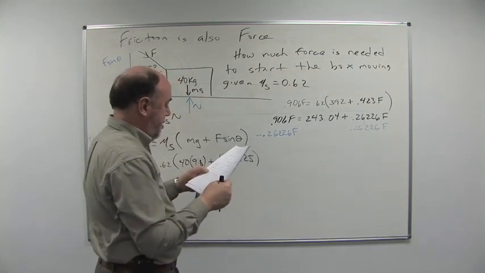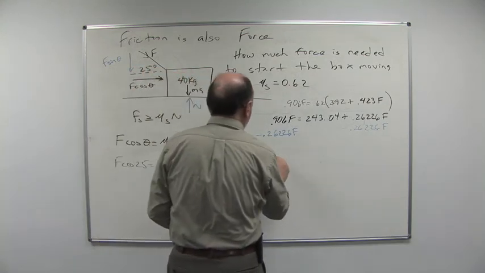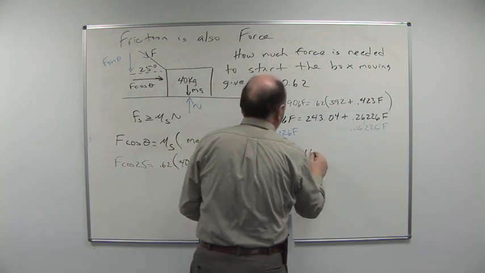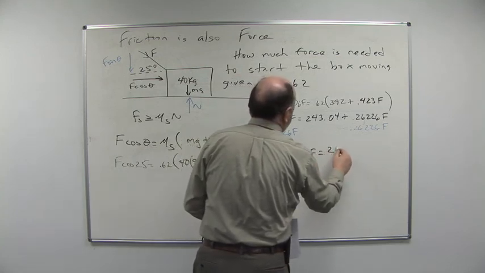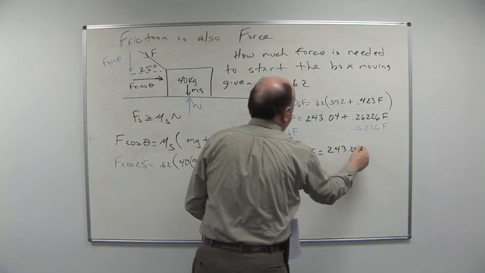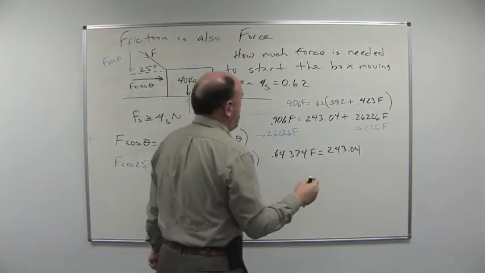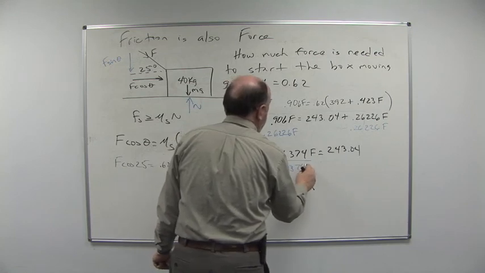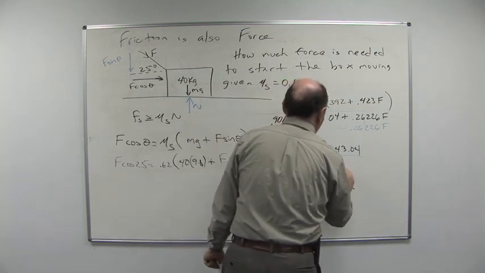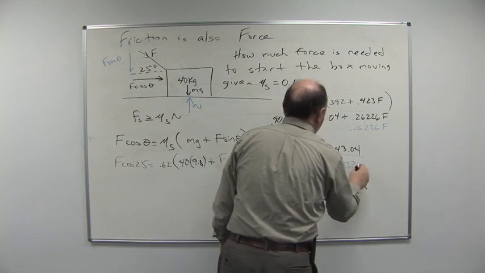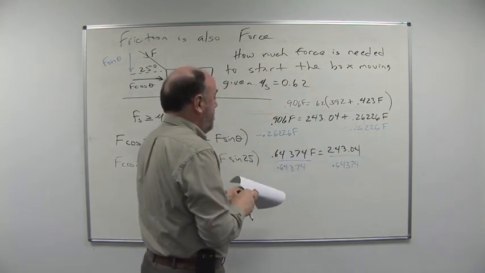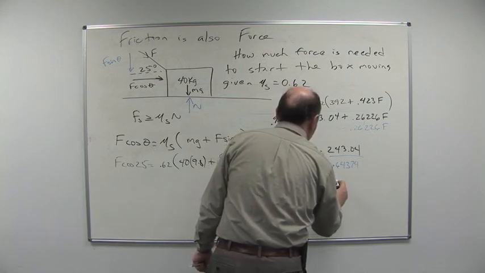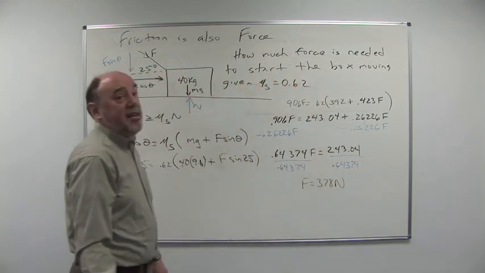And when I do that, this will become 0.64374F equals 243.04. Last step is to divide. And so we end up that the applied force here will be 378 newtons. And basically that's the break-even point.